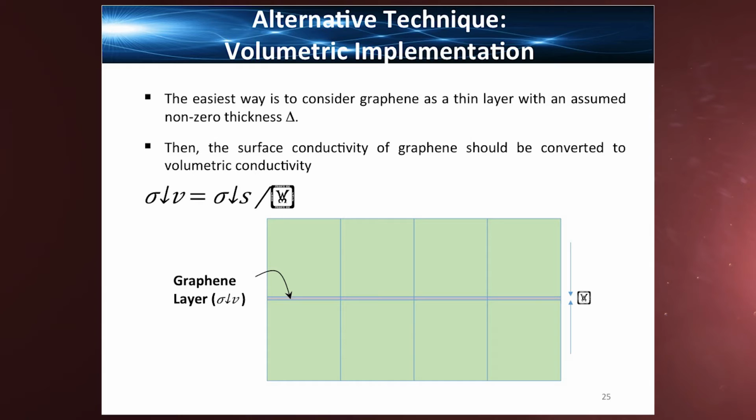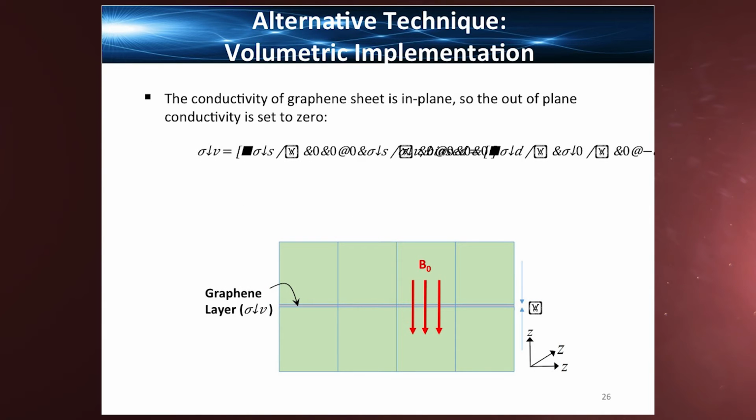So it is better to convert the surface conductivity to volumetric conductivity and set the out-of-plane conductivity to 0. And if we apply an external magnetic bias, then the non-diagonal elements of the matrix appear.